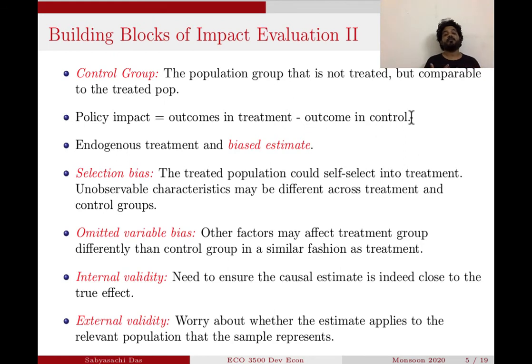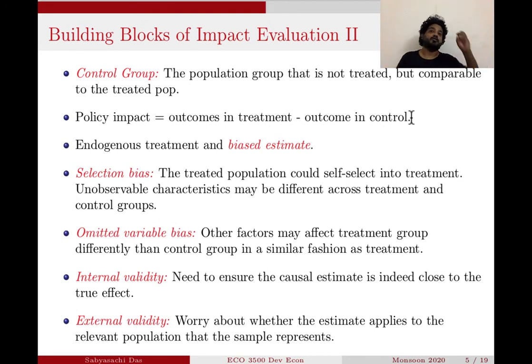This is separate from the concept of external validity. External validity is, does your estimated effect generalize to a larger relevant population that this pool of treatment and control is supposed to represent?